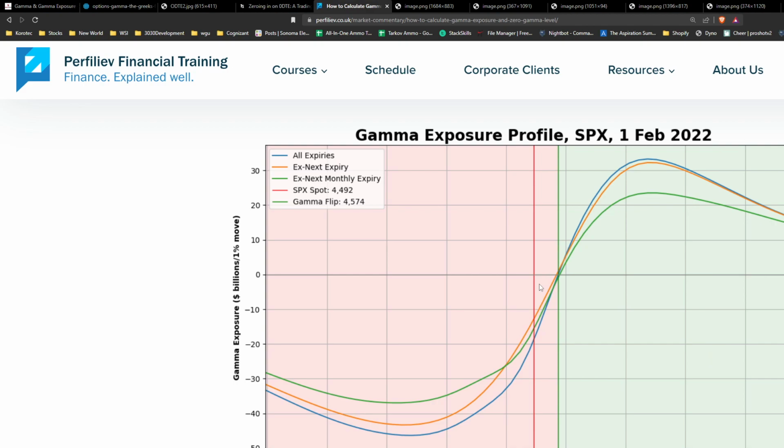And you might just say it's a bad day, it's whatever, but it's a changing of the market internals on a daily time frame due to the options market, and it's something that we can track.